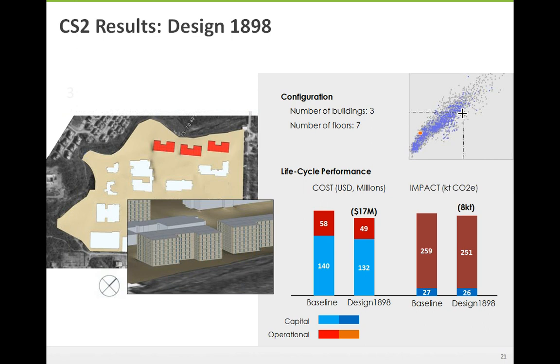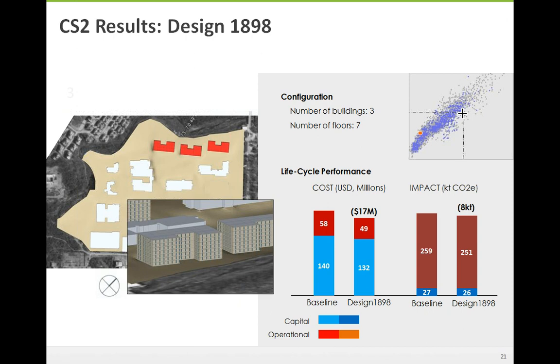So this is a 3-building horseshoe configuration. A lot of the savings in the 3-building configurations are somewhat intuitive in that the skin of these buildings is very expensive. The moment you go from 4 buildings to 3 buildings, you have less skin per unit floor area. So you have cost savings there in reducing the skin.